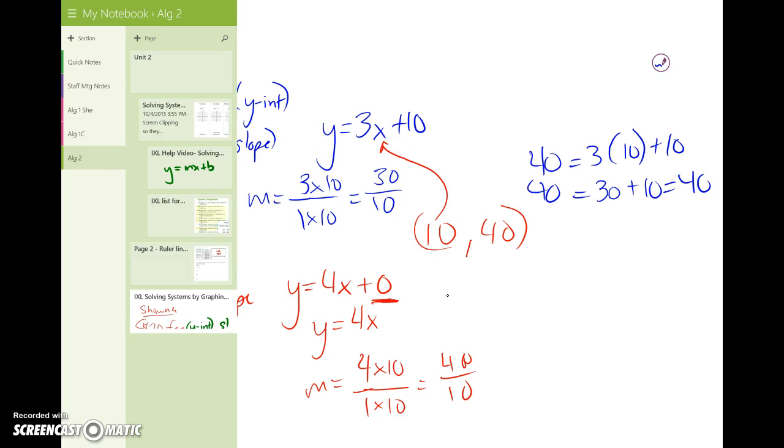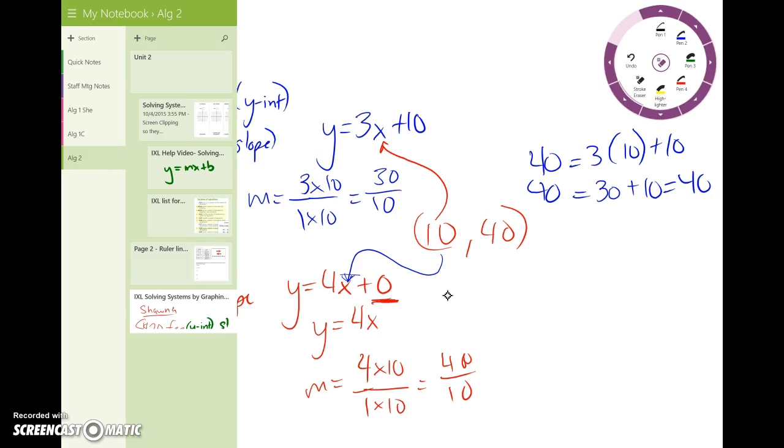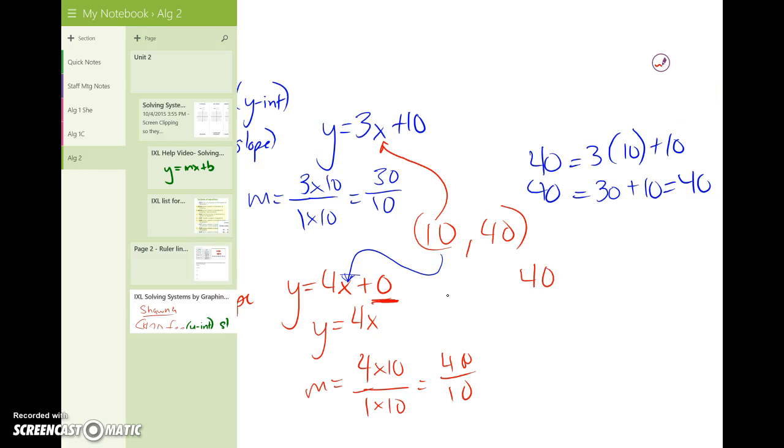And just to be double sure, I'm going to plug it into the other one too. So this should equal 40. Let's use the red color. I'm going to set y as 40, and then it's 4 times 10.